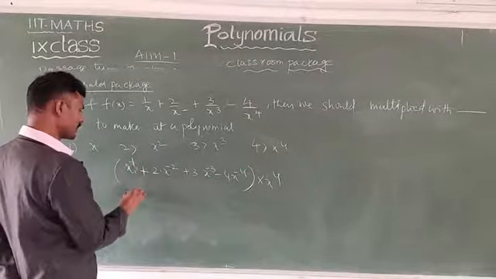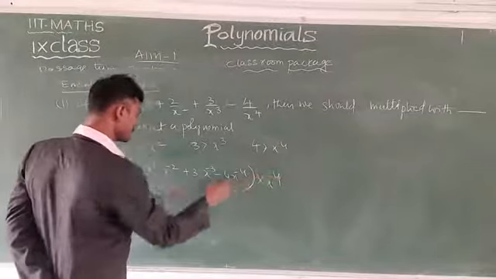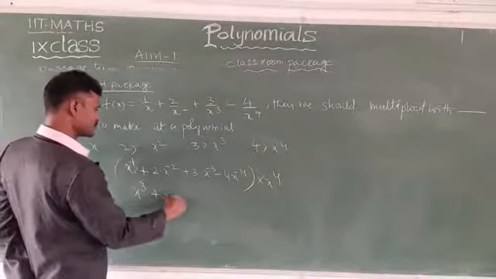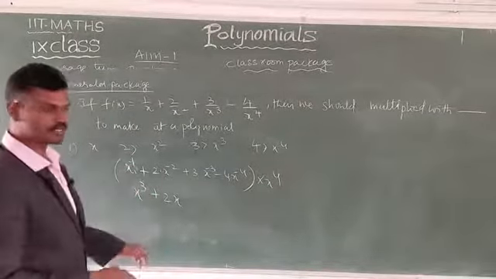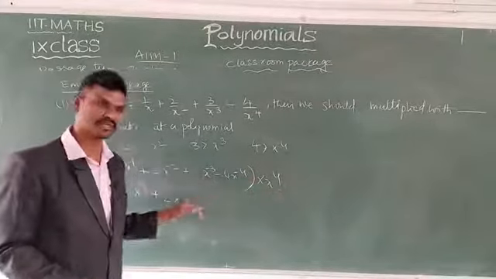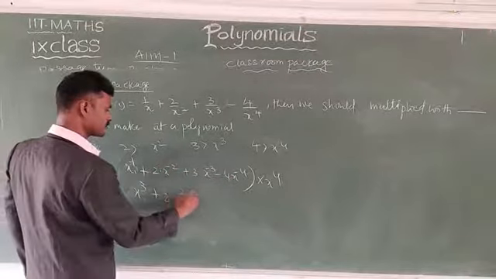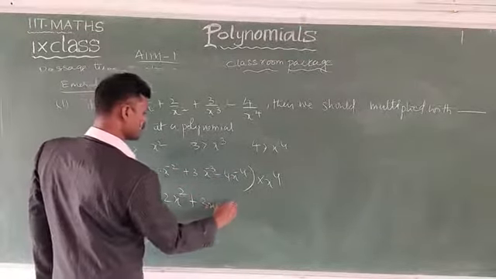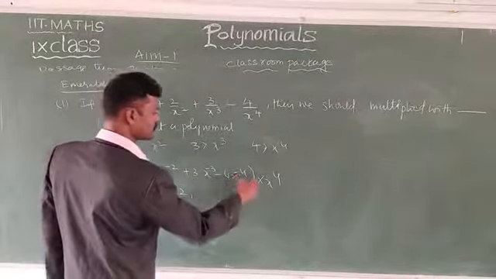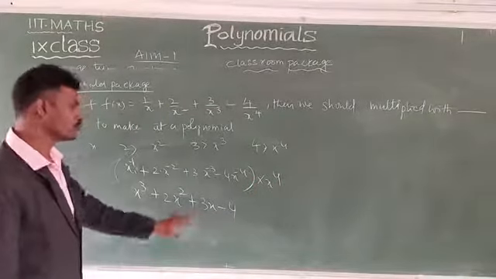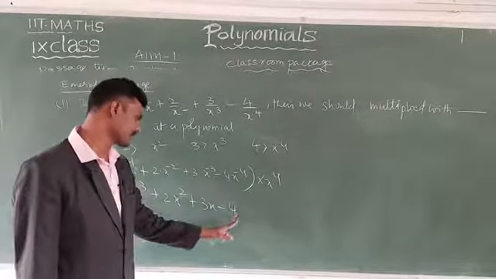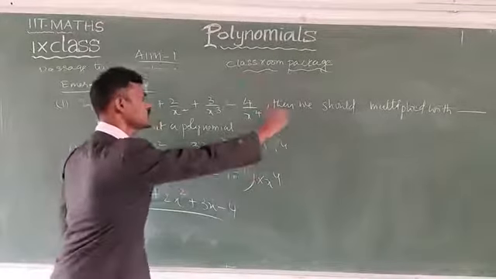Now we can multiply: x power minus 1 plus 4 is 3. Then 2 into, actually you know the powers and exponents rule: if bases are equal, powers we can add. Here x square, here x power 4: minus 2 plus 4 is 2. 3 into x power minus 3 plus 4 is 1. Then x power 4 minus 4 plus 4: both are equal to 0, then x power 0 is equal to 1. This is a polynomial, so our answer is the fourth one.